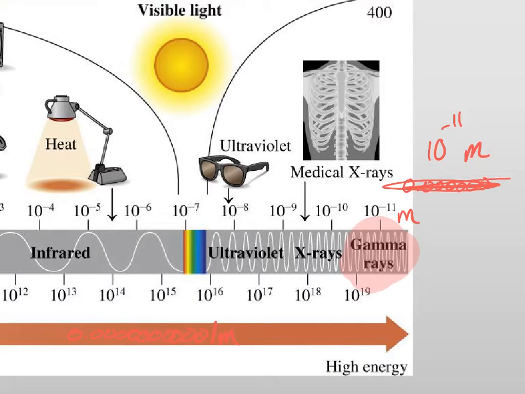If the wavelength, which has the symbol Greek letter lambda, is like this, then that wave would be a gamma wave, and it would constitute gamma rays.